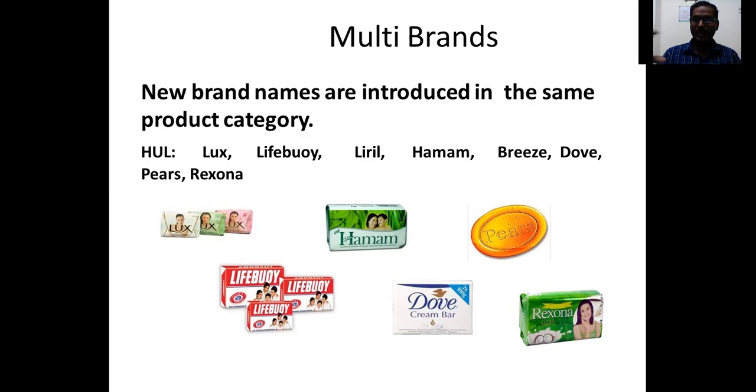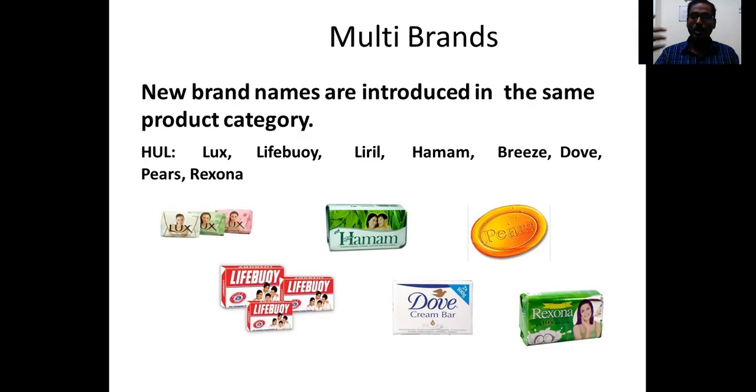This targets different people who give importance to the perfume, the smell of the soap. They can prefer Lux. This is the main idea: they don't want to leave any market segment. Soap is a common product which fulfills the different needs of customers.